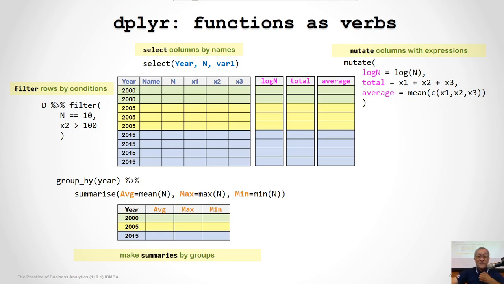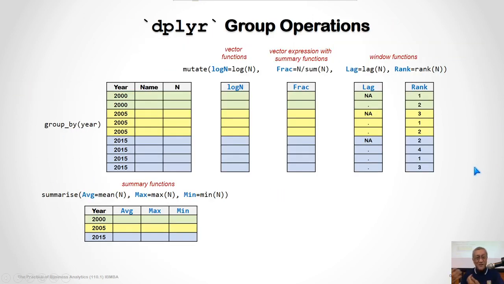Okay. Now the second page that I would like to highlight to you is this group by operation, right? We already explained one of the group by operations is group by and summary.